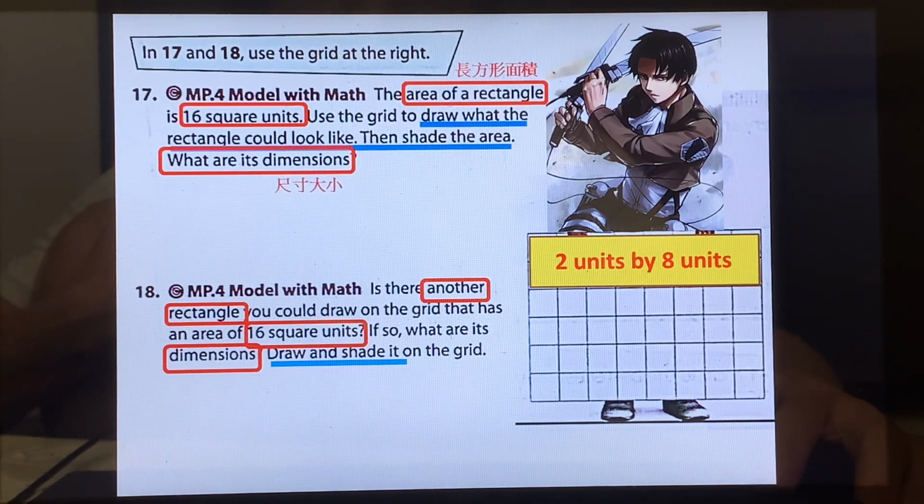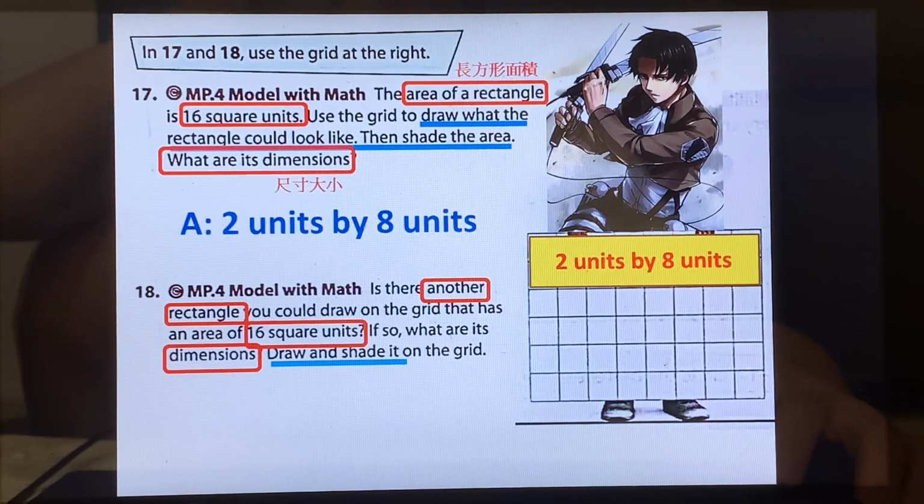Do you have a rectangle in your mind that looks like the yellow rectangle I'm showing you in my drawing? 我这边画的一个长方形呢，它就是长8个 units， 宽2个 units， 2 units by 8 units. That is the dimensions. That is how we write dimensions. 好，dimensions 的写法就是呢，会把长和宽中间写个 by.